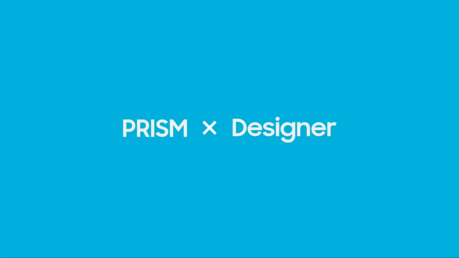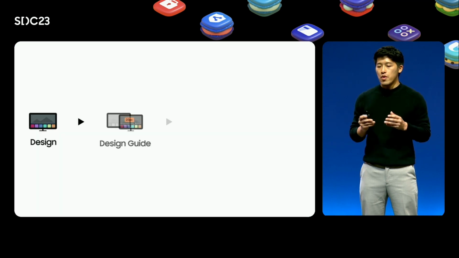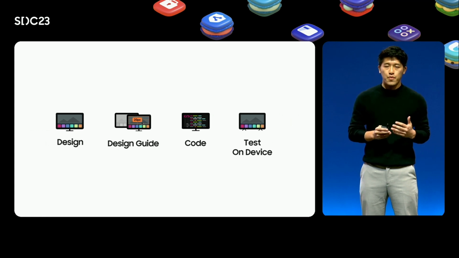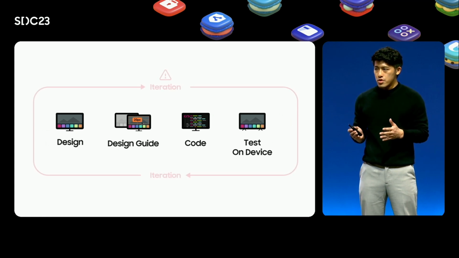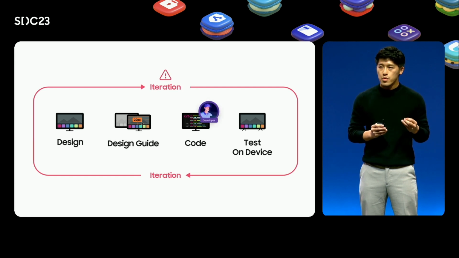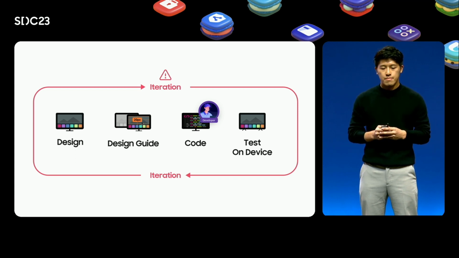While Prism offers advantages across the board, let's spotlight the transformative benefits it brings to designers. Typically, a designer creates a design and writes tons of documents for the developer. Then the developer translates it into code, and once it's coded, it's deployed on target devices or simulators.